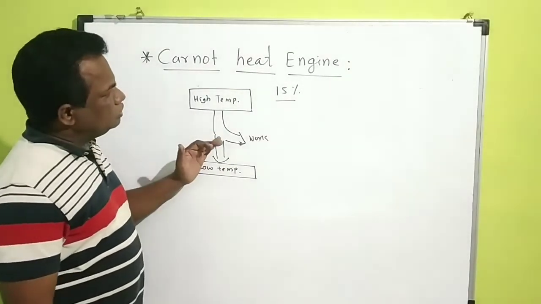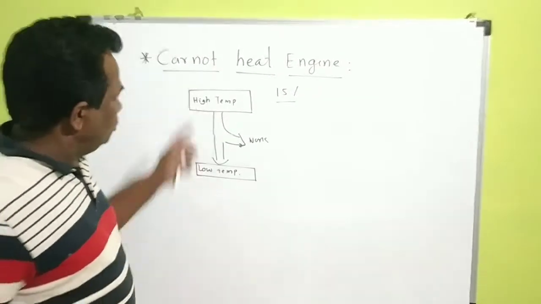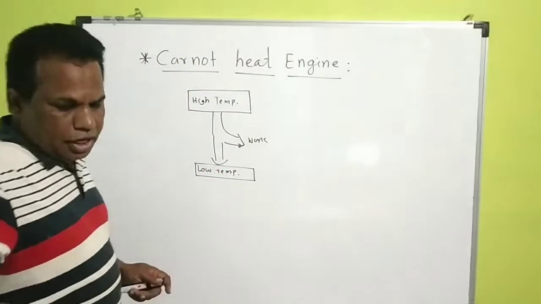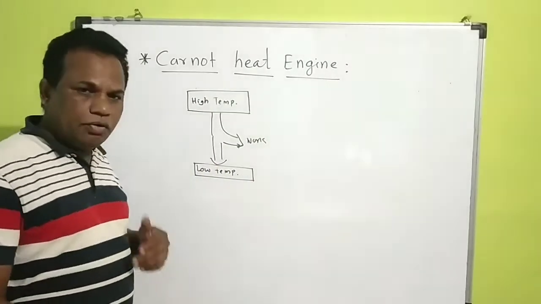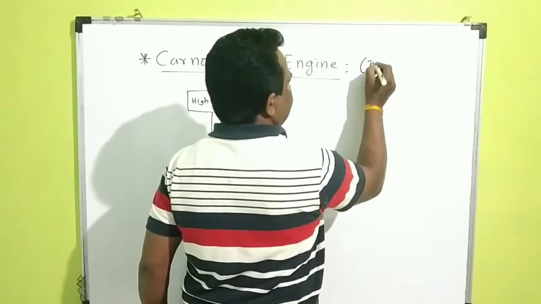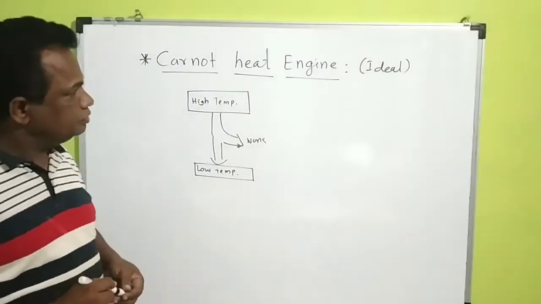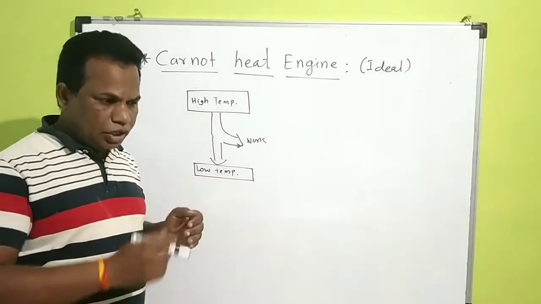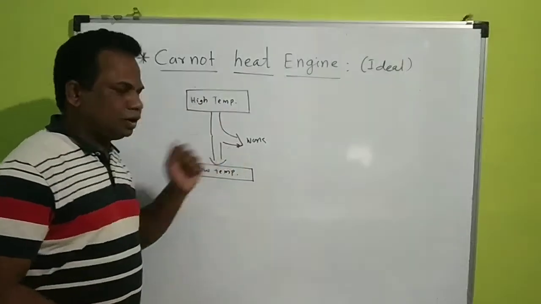So how to increase the efficiency of the heat engine? Now, by using Carnot's ideal gas, take an ideal gas and develop one engine, the ideal engine, considering the working substance is the ideal one. Then this engine shows that you cannot convert all the heat into work.